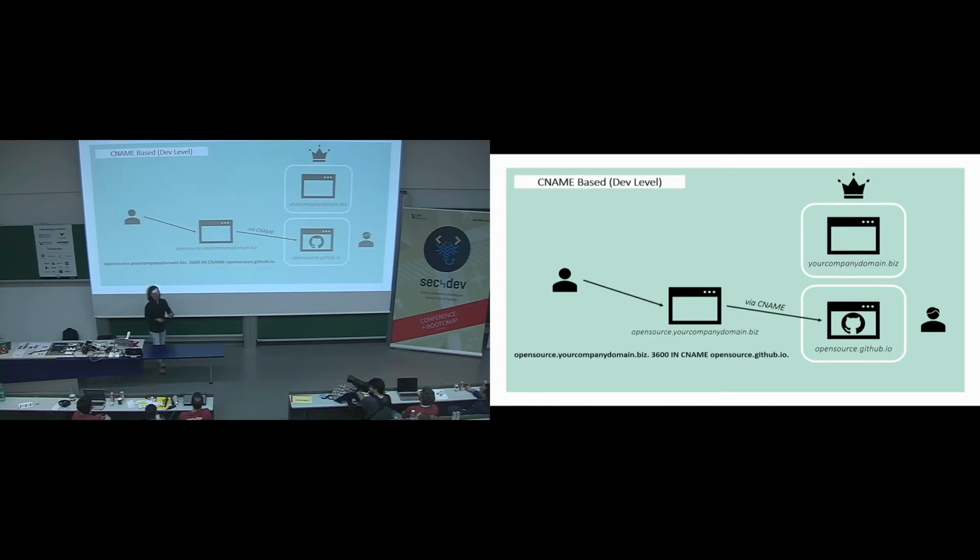Let's say you have some open source idea that you want to run on GitHub itself, and you set it up on GitHub, and you point to it. You ask your DNS administrator. He does it for you, and now you have a subdomain pointing to your GitHub Pages website. And this, I guess, happens quite a lot of times by developers.